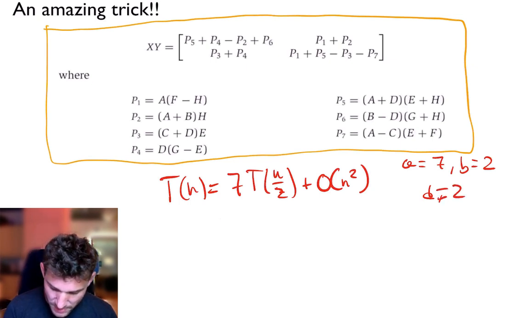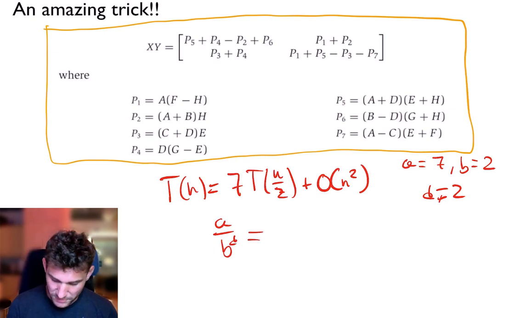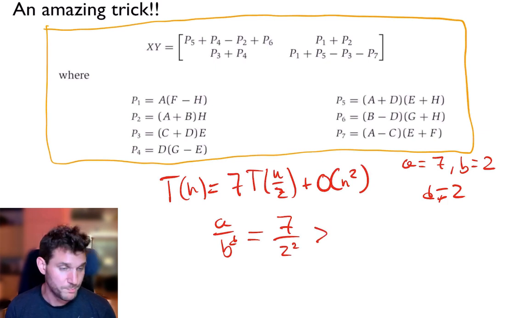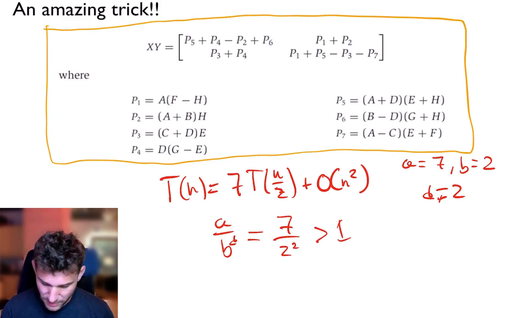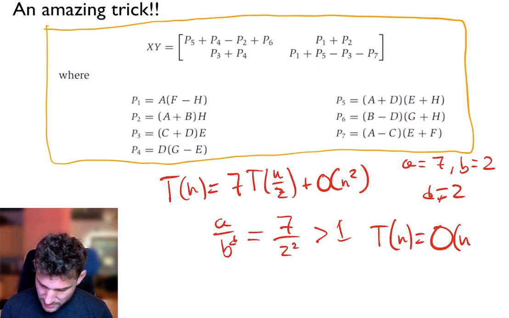We have a over b to the d, just to use the master theorem. That equals 7 over 2 squared, which is 1 3/4, which is still larger than 1. So we end up still in the last case of the master theorem. So we know that the final running time is T of n equals O of n to the log base 2 of 7.